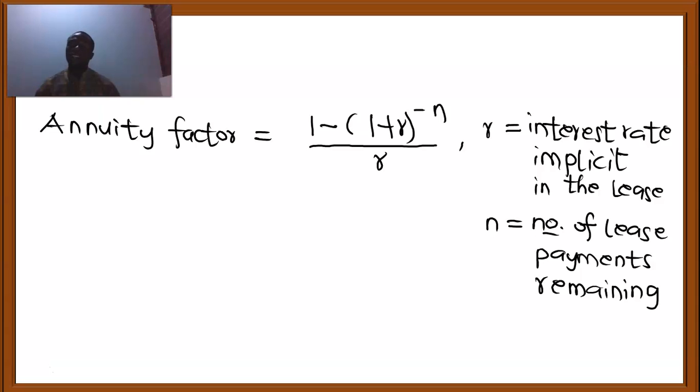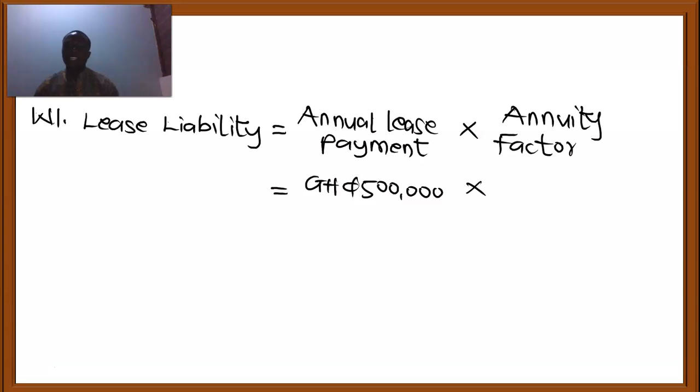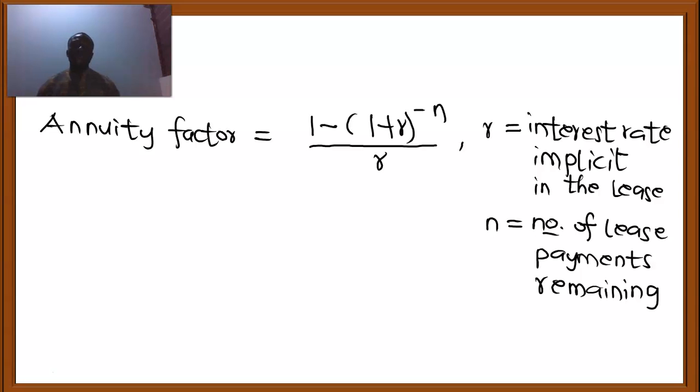So we are told the lease term is for 5 years and the annual lease payment is 500,000. And then we are also told that the lease payments are made at the end of the year. So this means that we have the number of lease payments remaining to be 5.